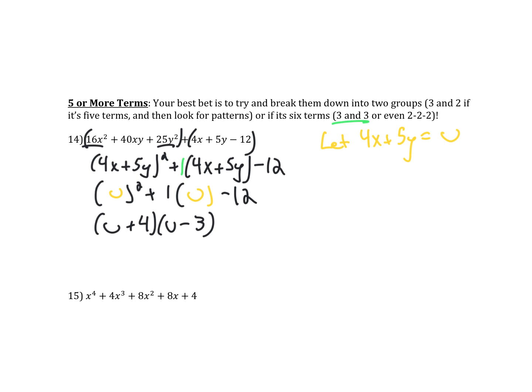We substituted in u for 4x plus 5y. So before we're done, we should substitute out that u and put 4x plus 5y back in. And when we do that, we get (4x plus 5y plus 4) times (4x plus 5y minus 3), and I've just factored.